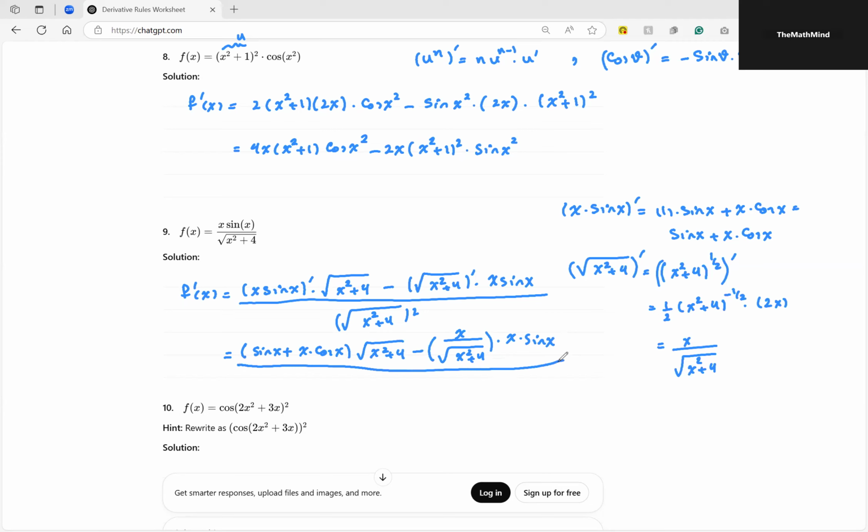And then all divided by x squared plus 4. You can distribute the bracket in the top and maybe make it simpler, but I don't continue this exercise because I don't think there are any common terms that can be cancelled, or that we can show this simpler than what we are seeing now.